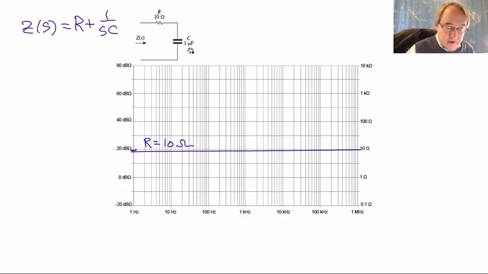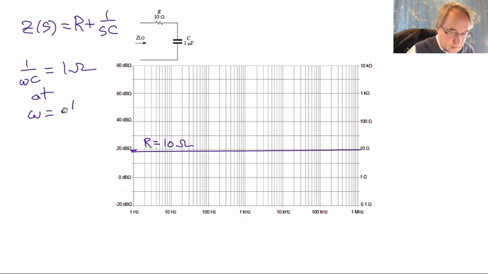Okay, the second impedance, the capacitor. We know the capacitor impedance is 1 over omega C. And this is a function that goes like frequency to the minus 1 power. So we can draw an asymptote that has a minus 20 dB per decade slope. The only other thing we need to do is to find one point on this curve to draw our line through. So one way to do it is to find the frequency where this impedance equals 1 ohm. So 1 over omega C equals 1 ohm at what?